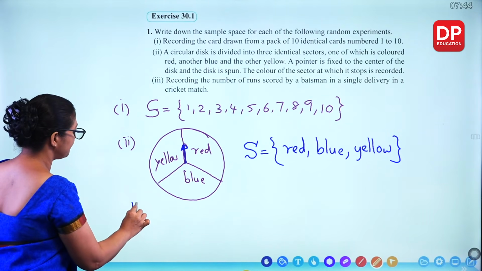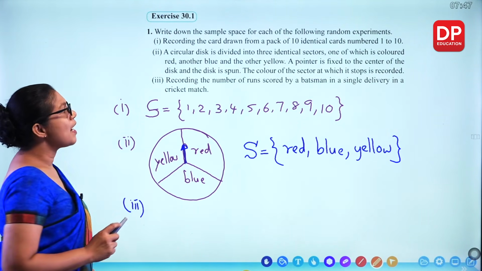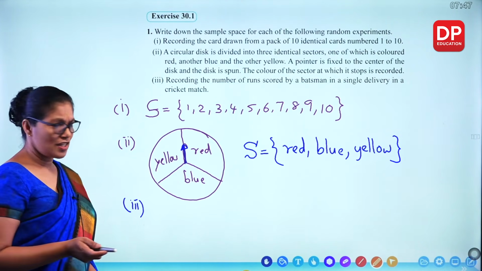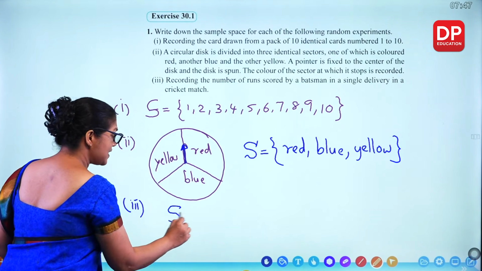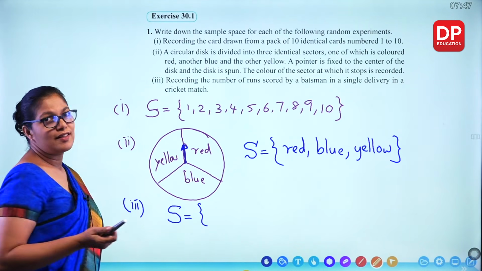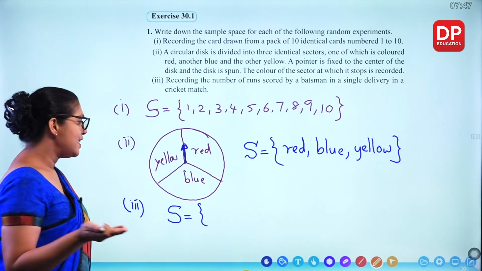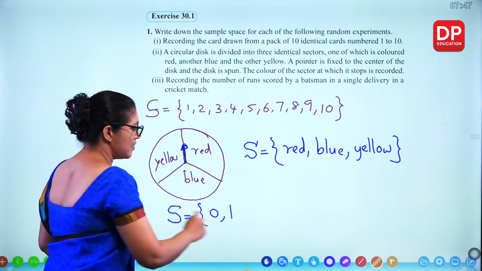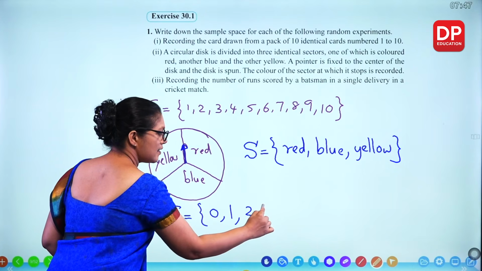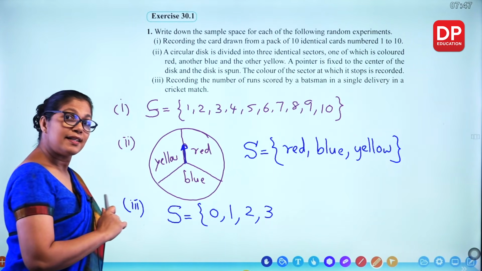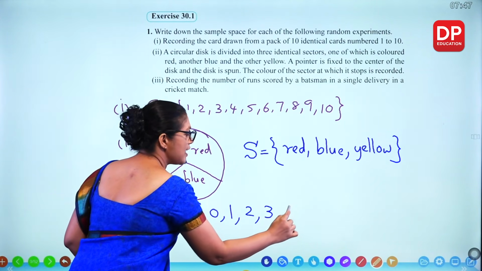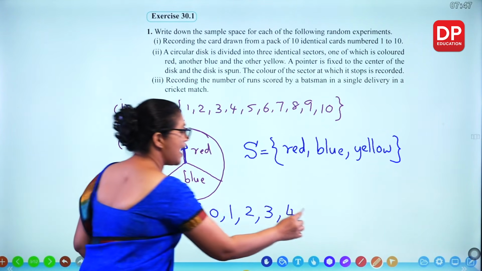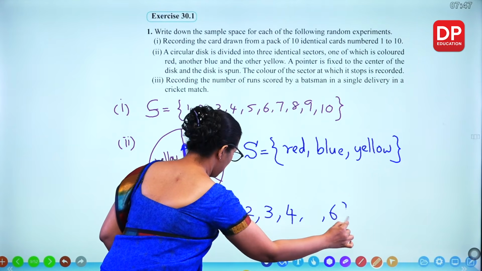Third part. Recording the number of runs scored by a batsman in a single delivery in a cricket match. So what's the sample space? Sometimes you don't get any runs, so you can get 0, or you can get 1 run, 2 runs, 3 runs, and 4 straight away you can get 4 runs, and 6 runs, and 5 is a special case.